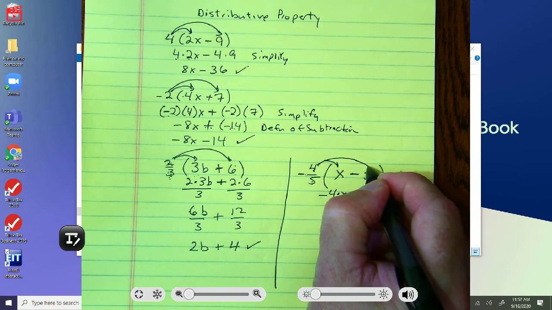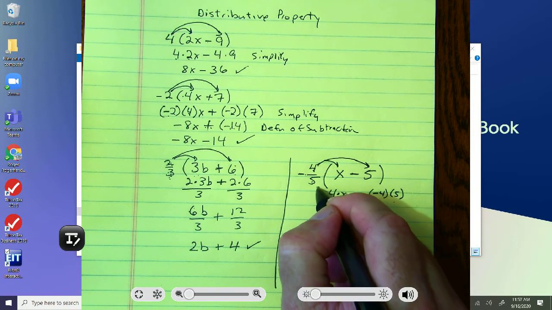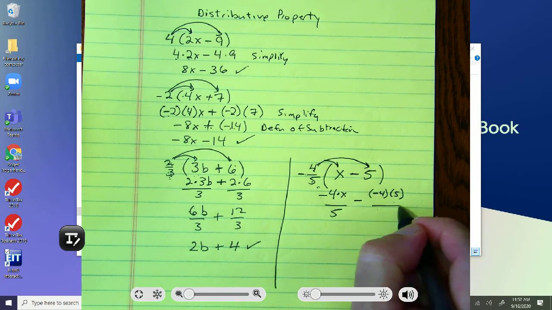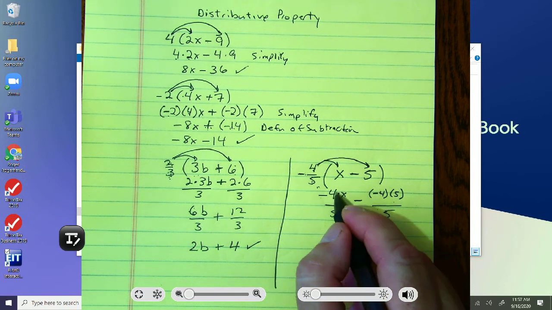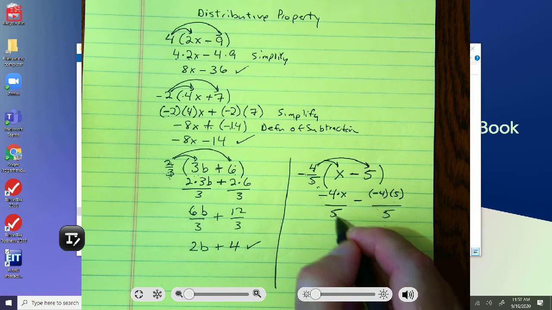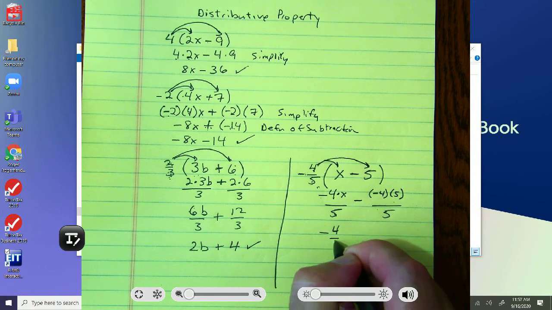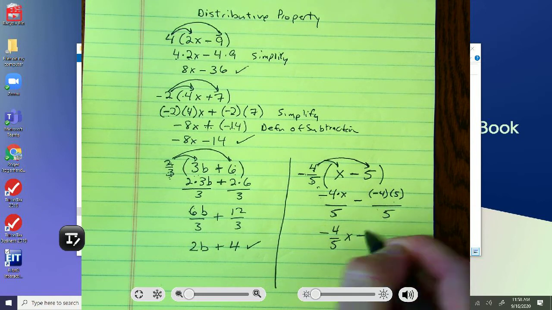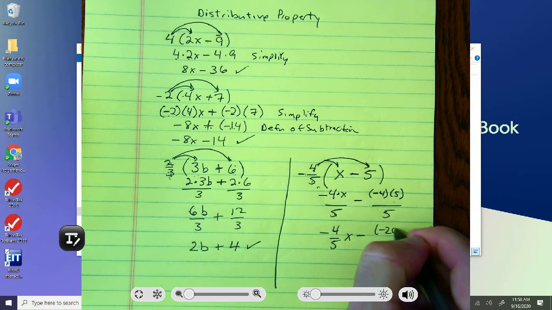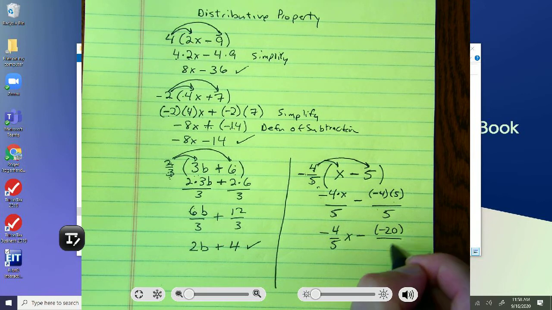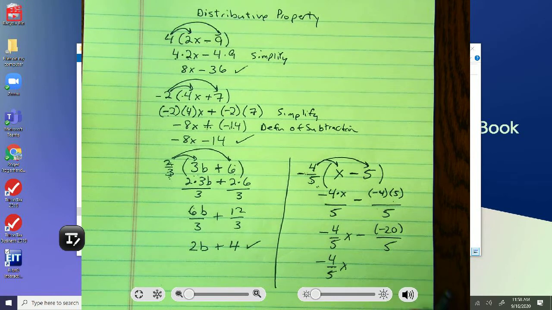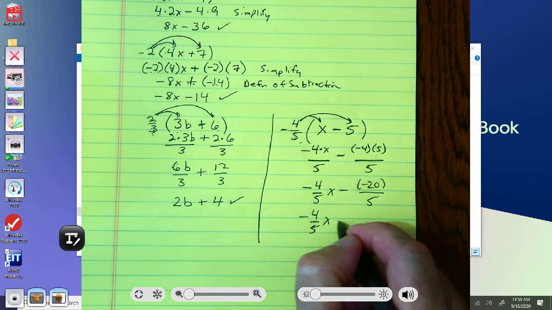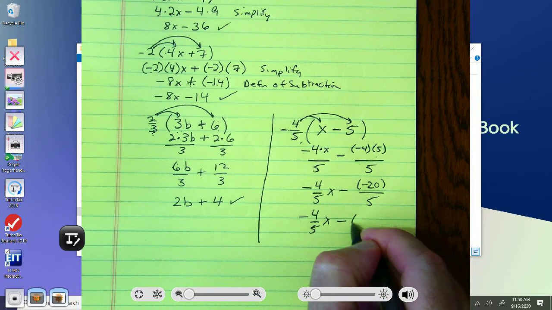We'll draw the arrows. The negative went with the 4. To reduce this one, negative 4/5 x can't be reduced any, so that just stays the same, and that's okay. So I've got negative 4/5 x minus negative 20, and remember we put that in parentheses, divided by 5. Negative 20 divided by 5 is a negative 4.